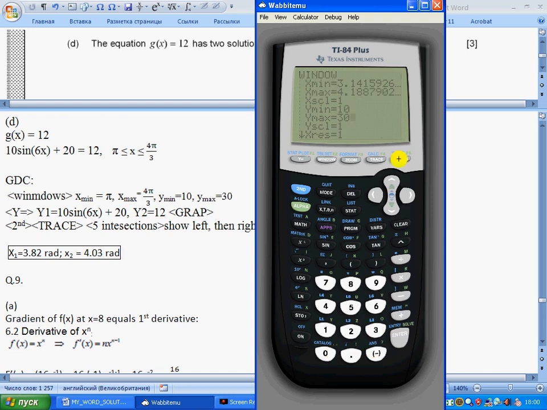Then we should get a very nice picture of two graphs and find their intersections. Because we use range of function g, you see that our graph fits very nicely into window. And second function 12.